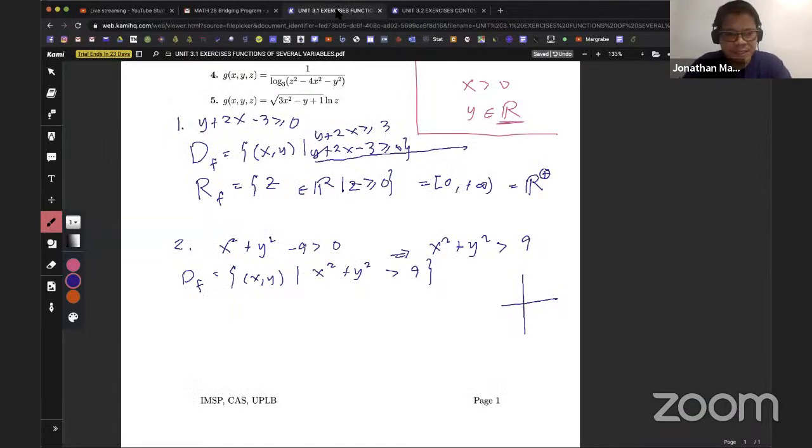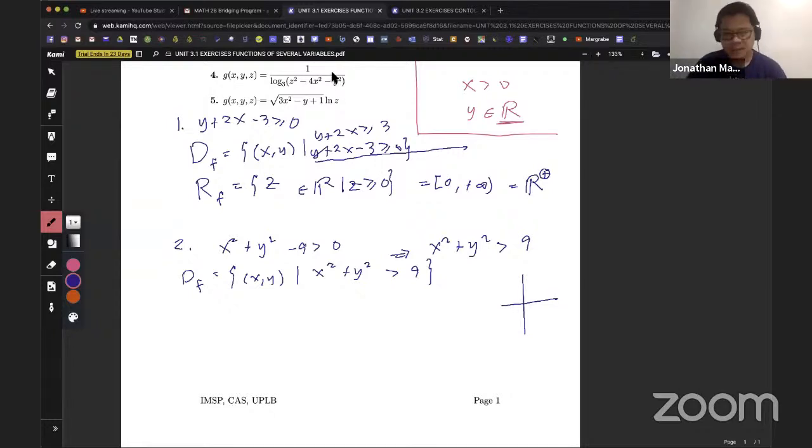What is the graph of x squared plus y squared equals 9? Circle. Very good. It is a circle of radius 3, centered at the origin.